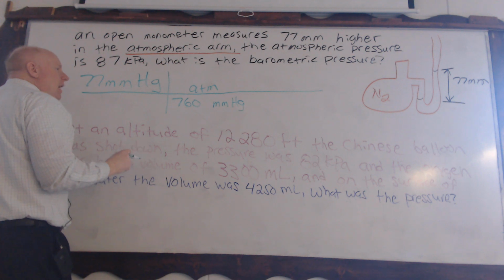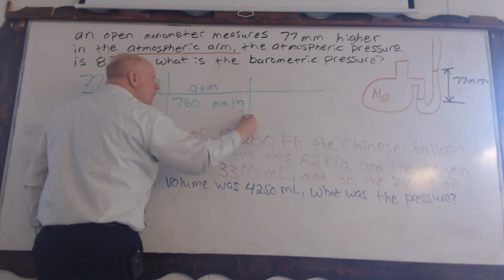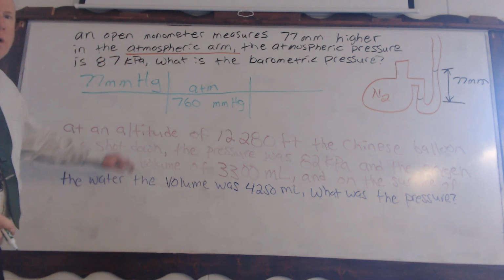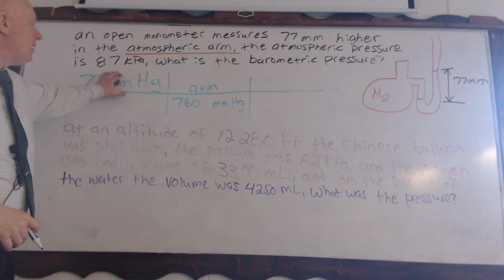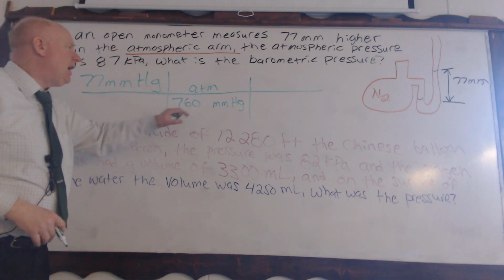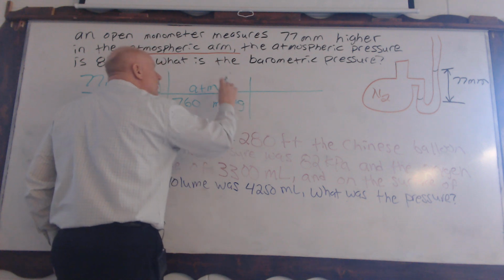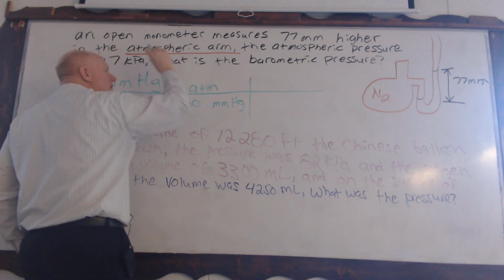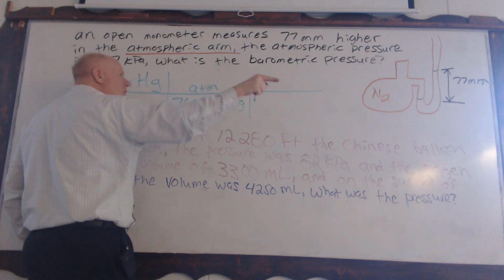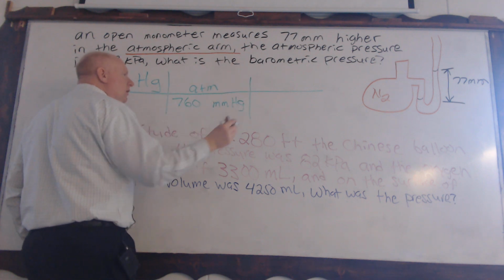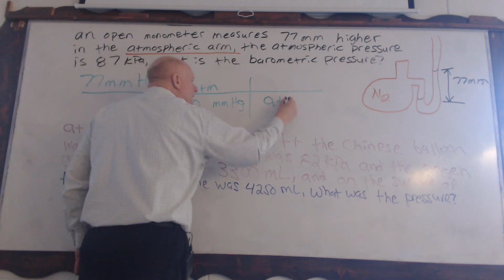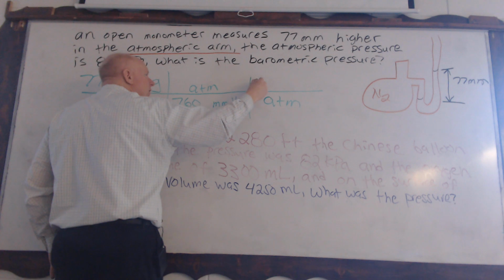So that gets us halfway home. So then 77 on top, 760 on the bottom. So now we're in atmospheres, but we want to get to kilopascals. So where does atmospheres go in our next step? For every atmosphere pressure, you get how many kilopascals?